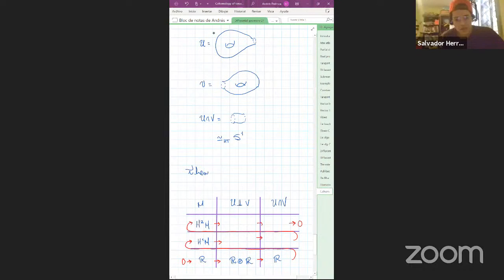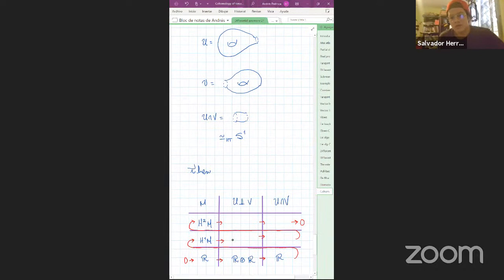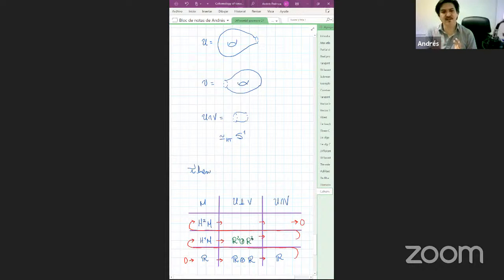For the first line, that is R2 plus R2. And it is important to write it that way because we will remember what comes from U and what comes from V. I mean, that's R4, but it is important to distinguish. And what about here?